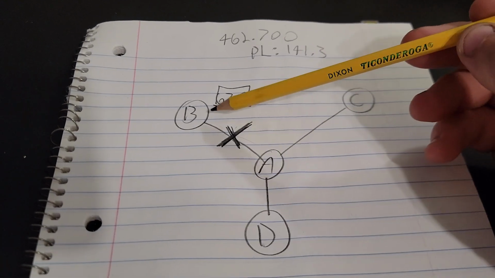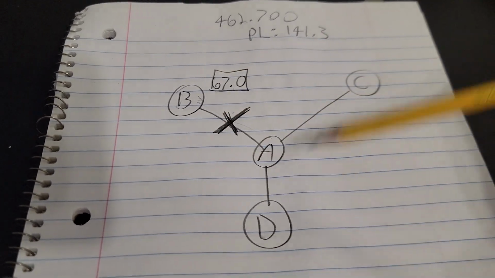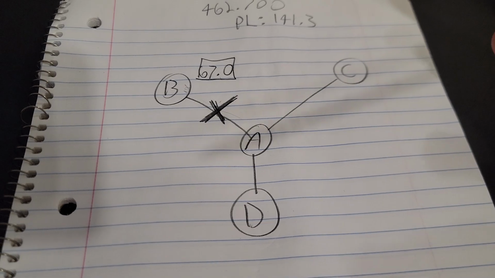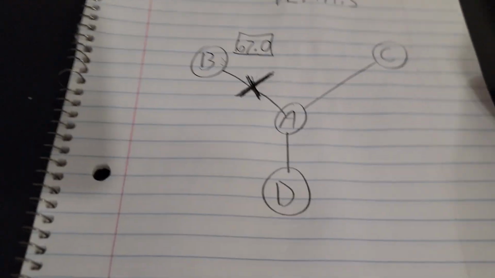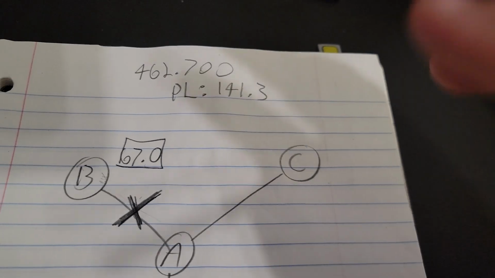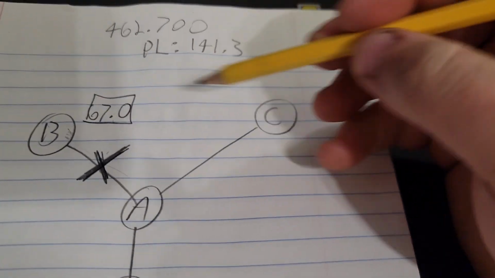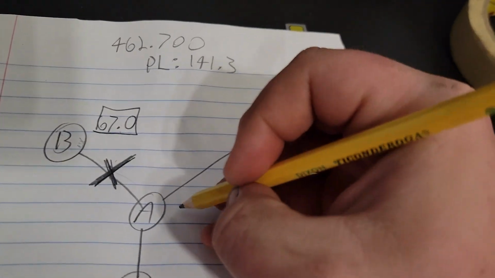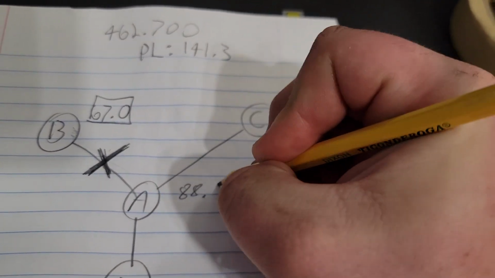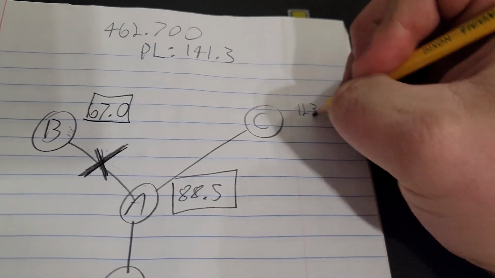That would allow you to continue using this repeater without keying up all the other ones, thereby letting you continue to use it even though it's disconnected from the rest of the system. All of these would have their own site-specific backup tone. Let's say that one's 67.0. This one's, I don't know, 88.5. 123.0.